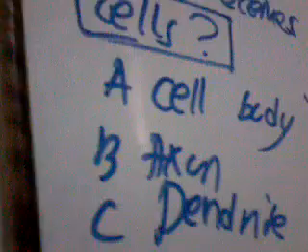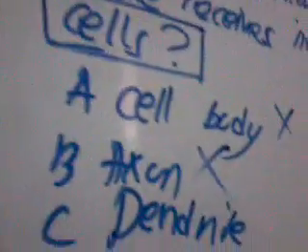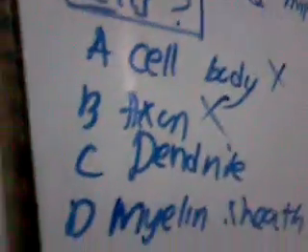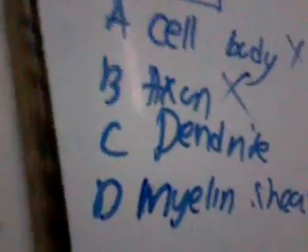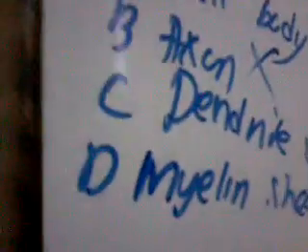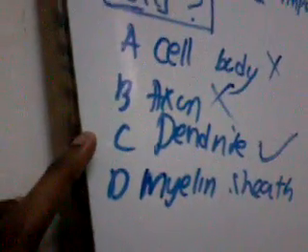The axon does not receive impulse from other cells, so B is out. C, dendrite. The dendrite is the part of the neuron that receives impulse from other cells. So dendrite is the correct answer.